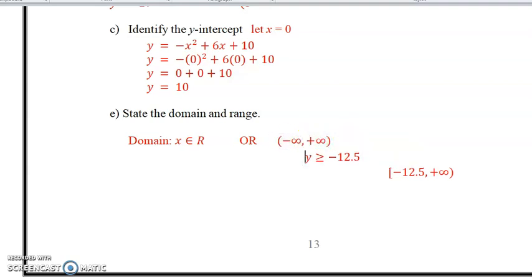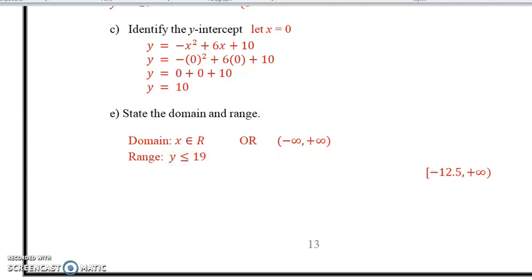Okay. And the range is y, and this time, because it's a maximum, it's going to be less than or equal to 19, up as high as 19.